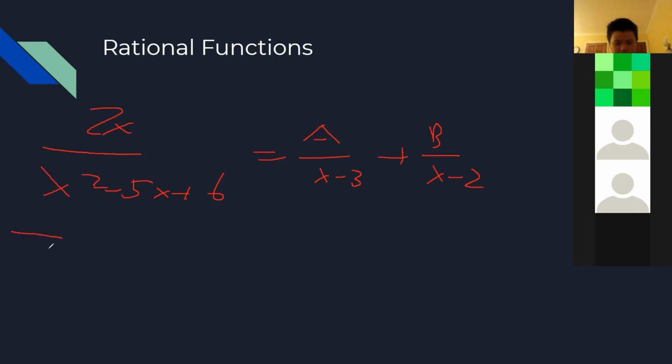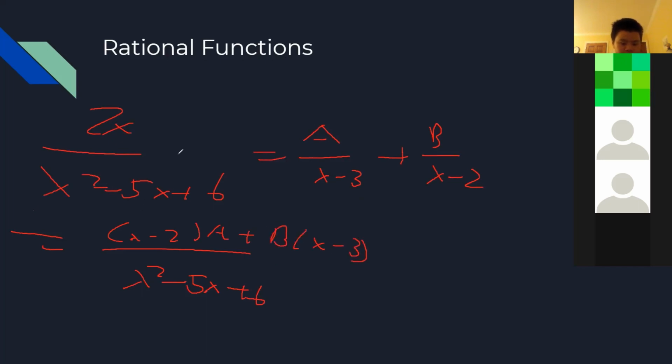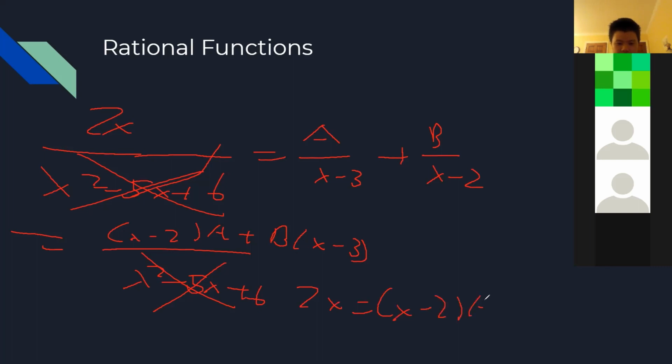So we can form this into a single fraction, x minus 2a plus b x minus 3. Note that the denominators are the same, so we can cross these out. So 2x equals a times x minus 2 plus b times x minus 3.